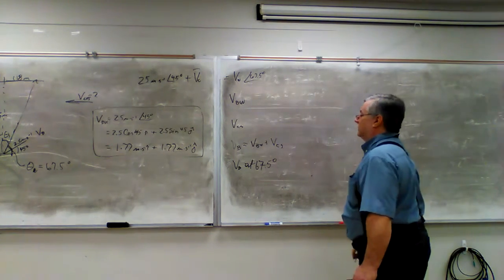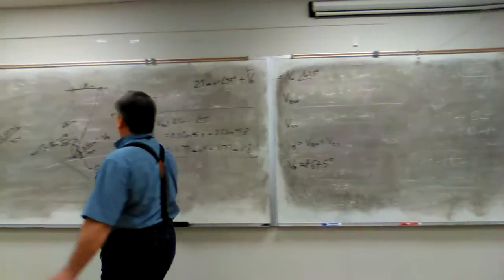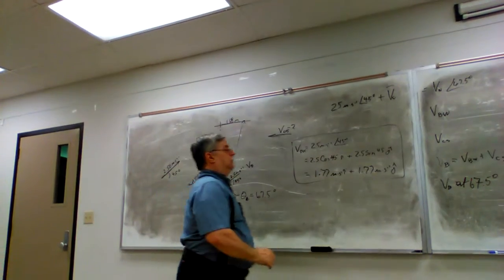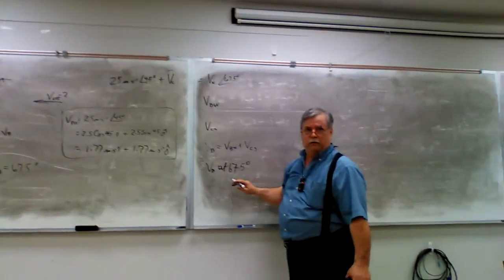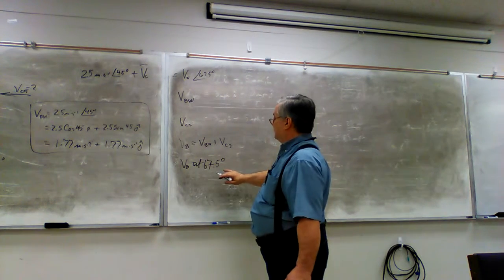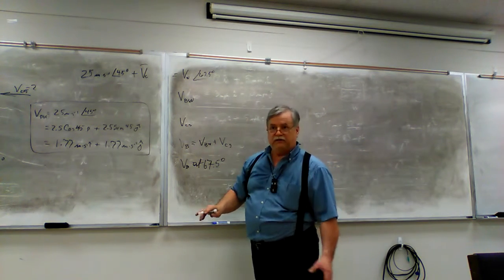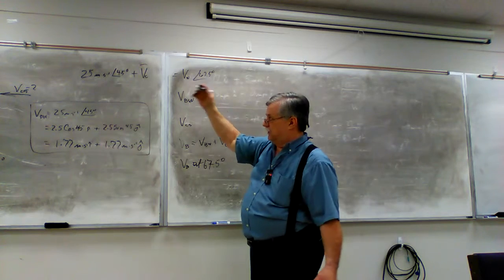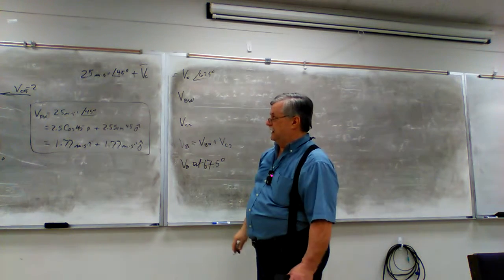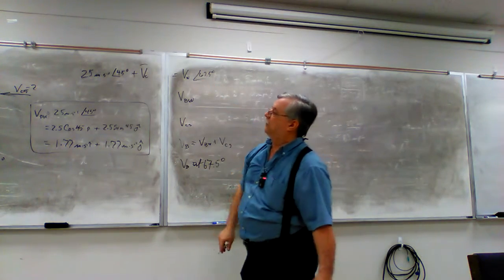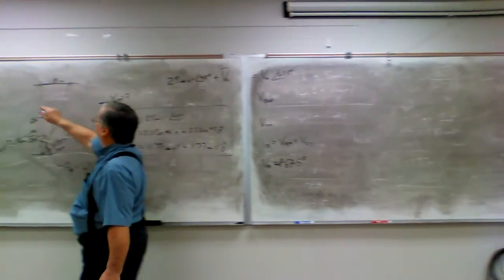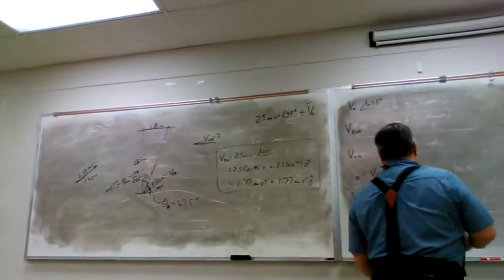We also know that the net velocity of the boat relative to the shore at 67.5 degrees is going to give us 118 meters after it has traveled 285 meters, which is how we got the direction.